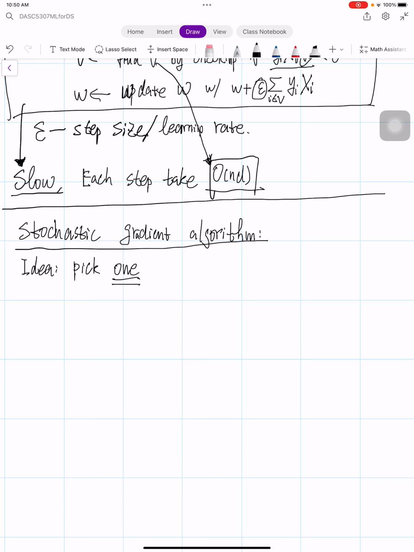So we're only checking one data point at each step, and then check the gradient descent.